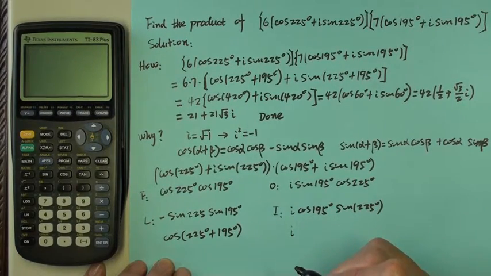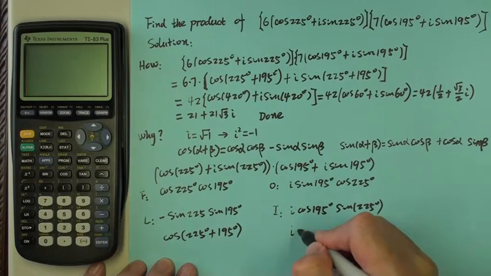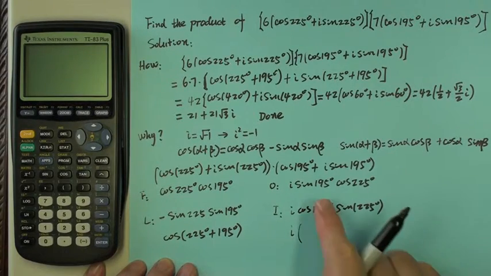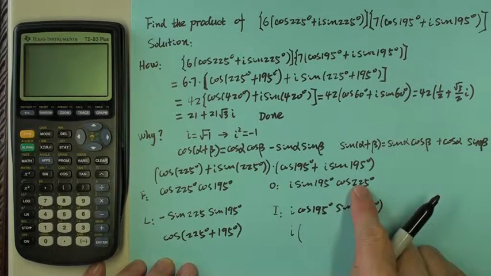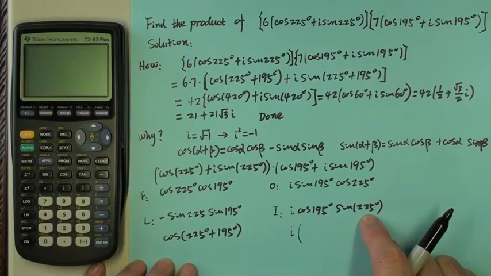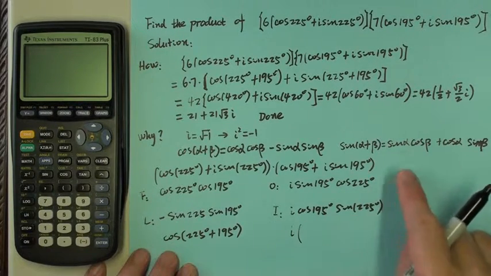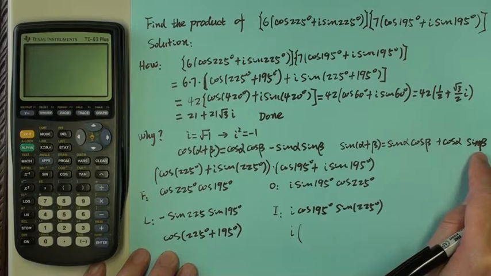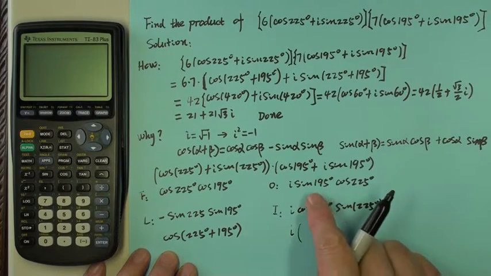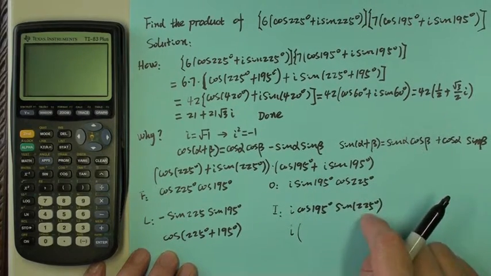If you pull out i, then inside is sine cosine plus cosine sine, first angle, second angle.